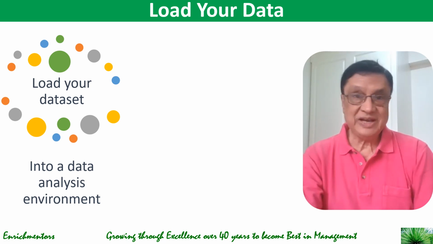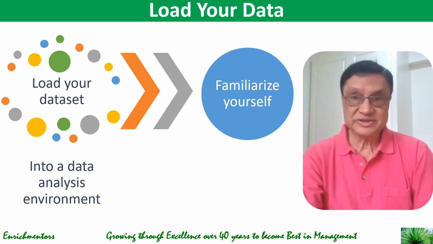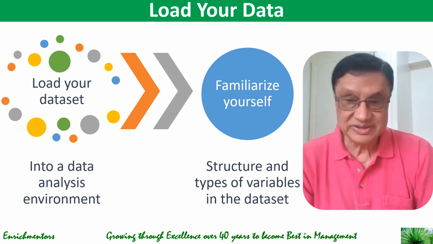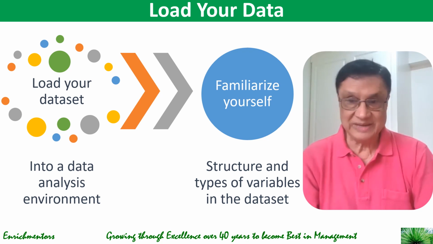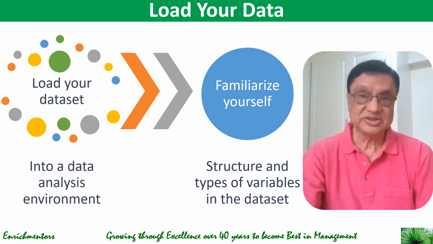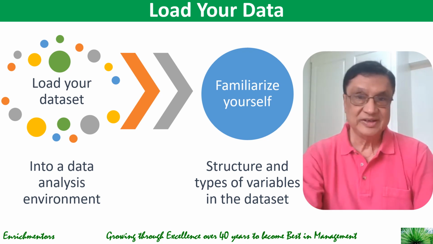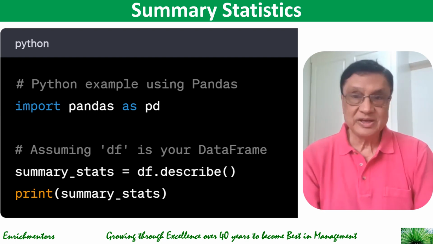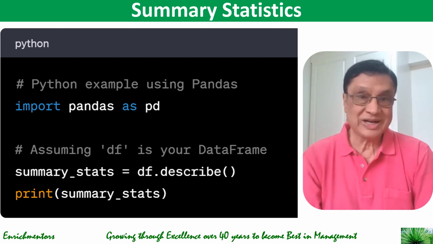And at the same time, you familiarize yourself with the structure and the types of variables in this data set. What are the different types of variables in the data set, or the features in the data set that you have? And then you generate summary statistics for numeric variables that include mean, median, standard deviation, minimum, maximum, and quartiles.